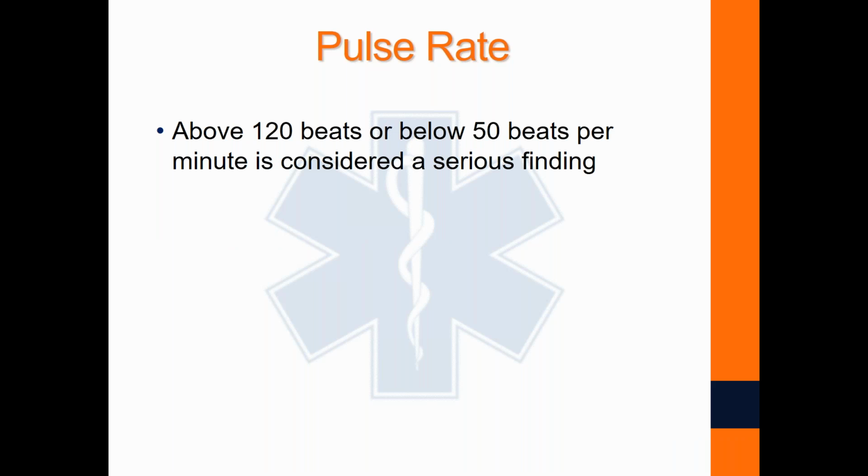If we find a patient who has a heart rate of above 120 beats per minute or below 50 beats per minute, we're going to call that a serious finding.